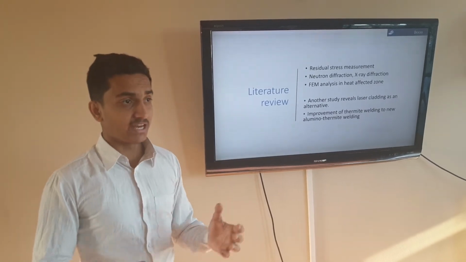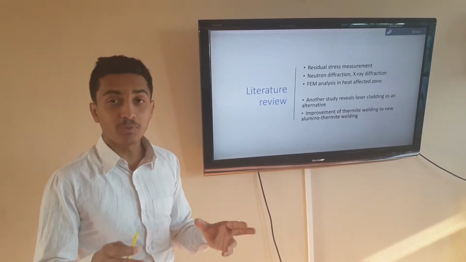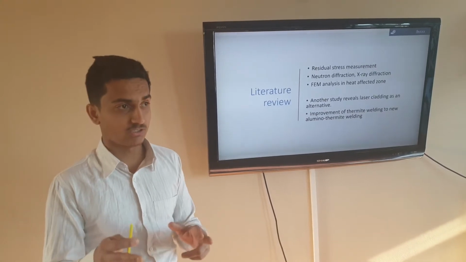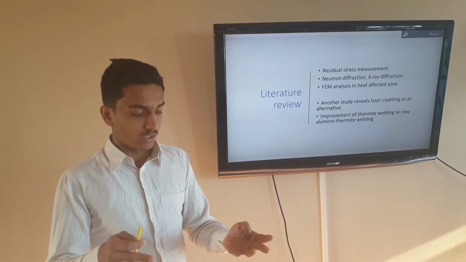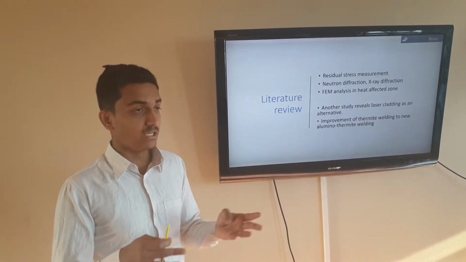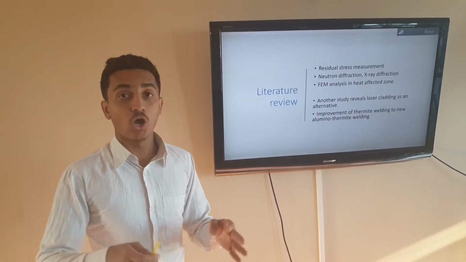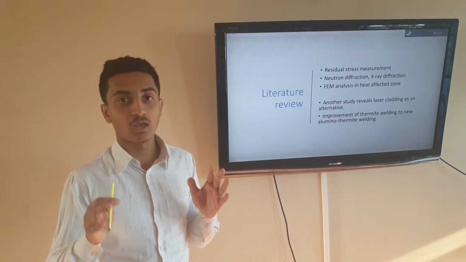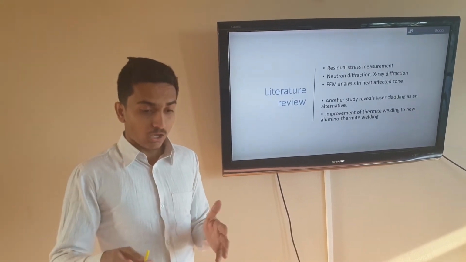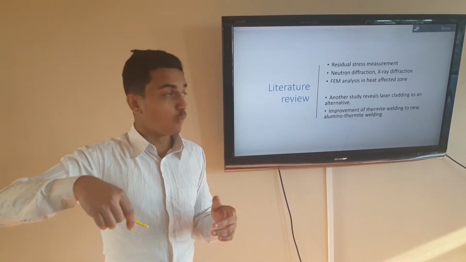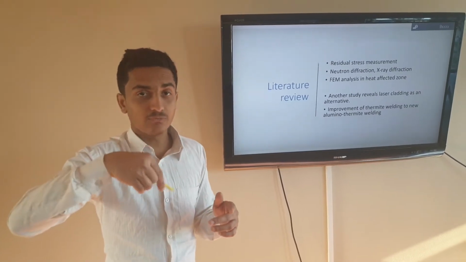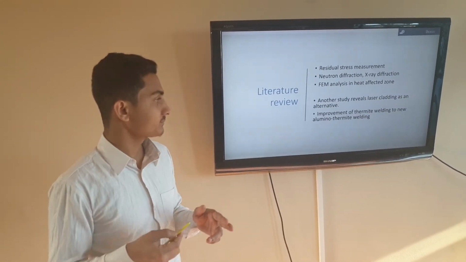At first, residual stress should be measured in order to eliminate it. So, a study shows neutron diffraction and X-ray diffraction to measure the residual stress, and then FEM analysis was done in the heat affected zone of the welding.